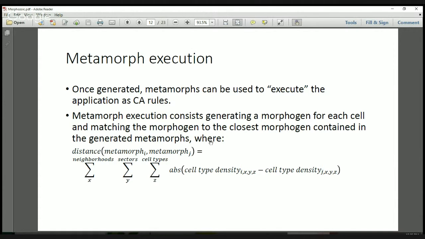We take our database of metamorphs that we learned and compare it against the morphogens that actually exist in a pattern. Those might not be exact matches to the ones we learned, hence we have a distance metric. Basically, it's a sum of the cell type density differences, and we come up with some metric to tell us how close we are.